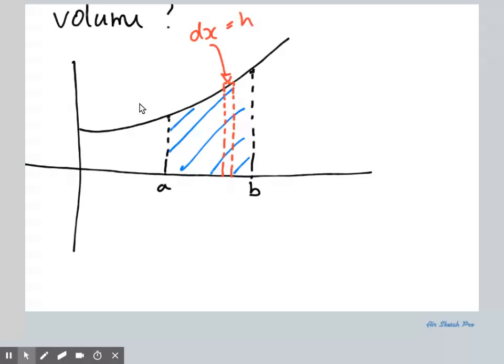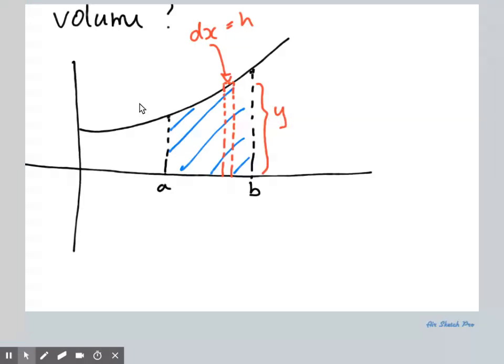Now, as we rotate this rectangle around, the radius of the cylinder is simply going to be given by the height of this rectangle. So that's the value of y.